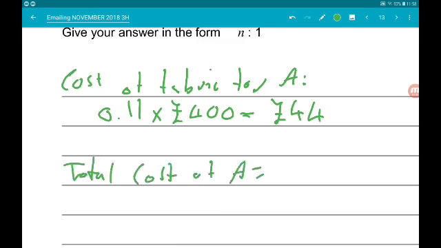So the area is 0.24 meters times 0.15 over 2, and that is going to give us 0.018.